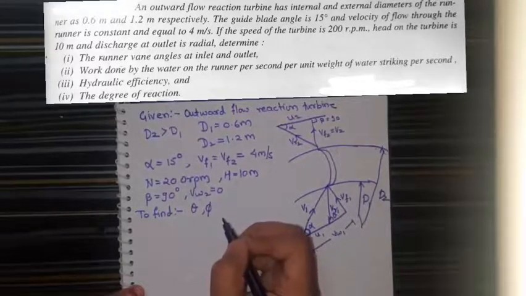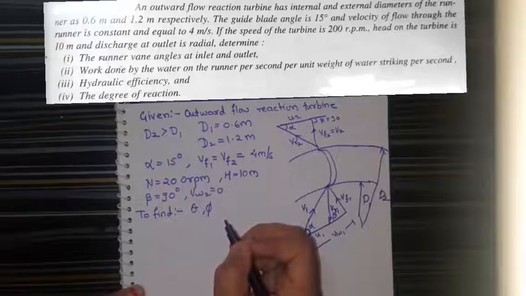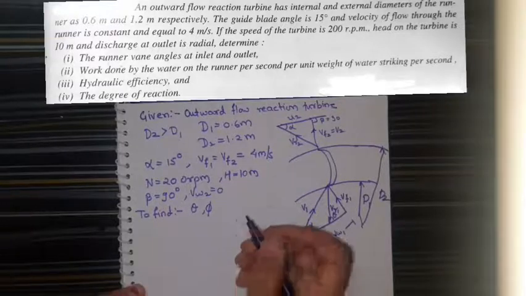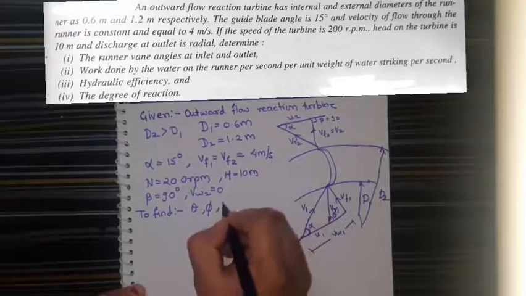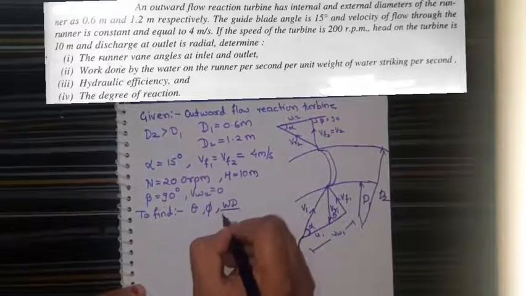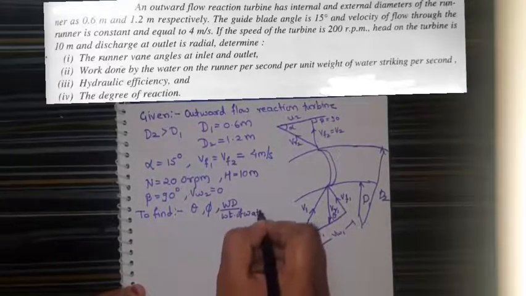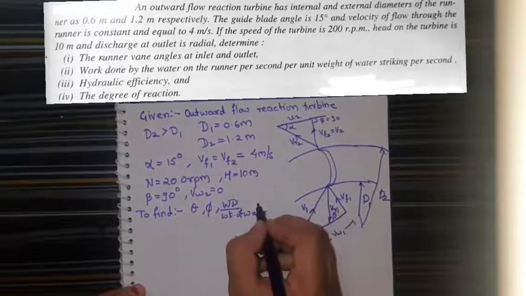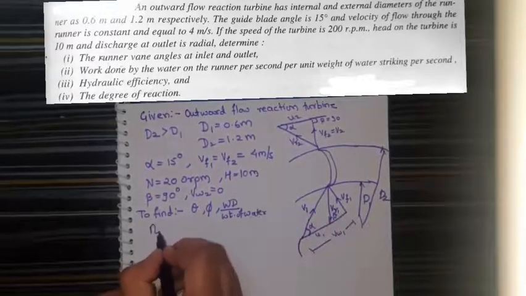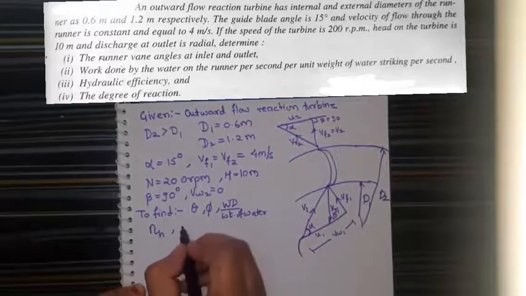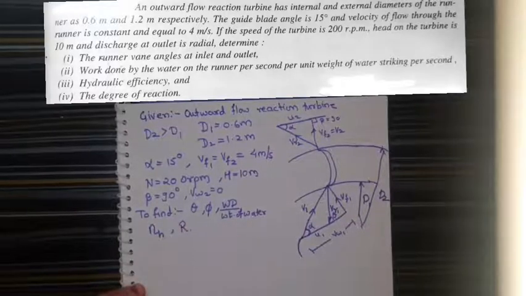Also work done by the water on runner per unit weight of the water striking per second. That means we are supposed to find work done per unit weight of water. Next we are supposed to find the hydraulic efficiency and the degree of reaction.